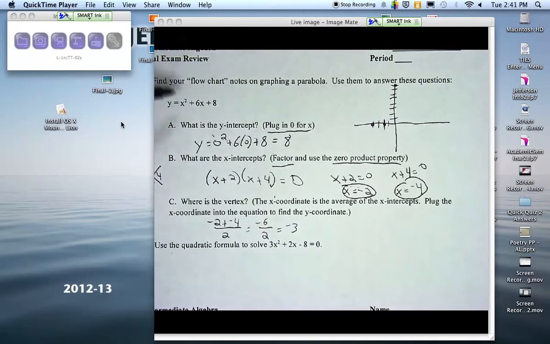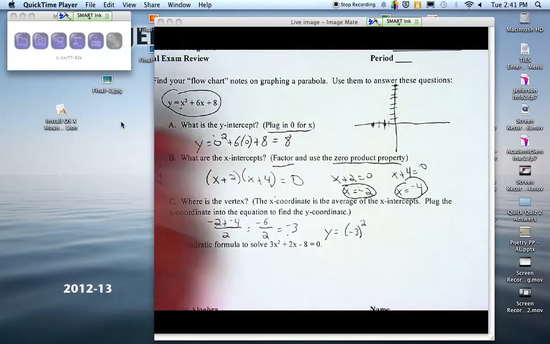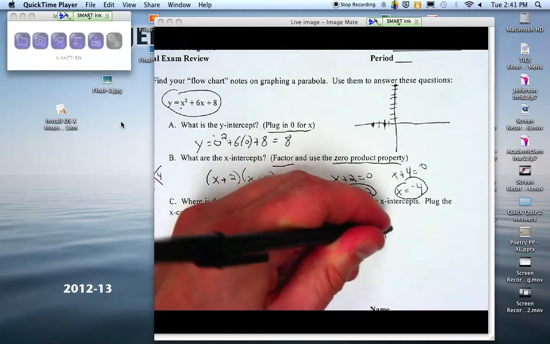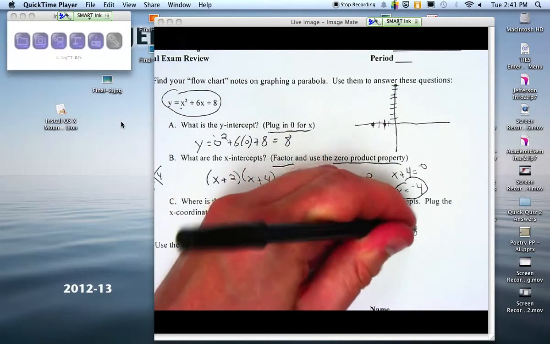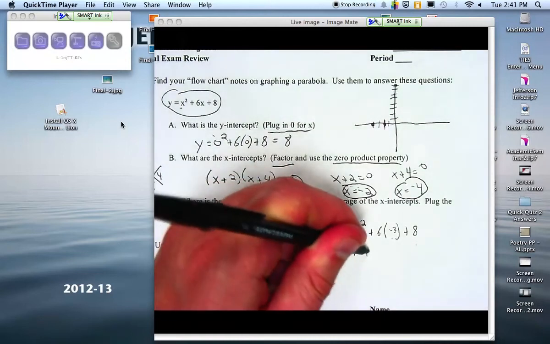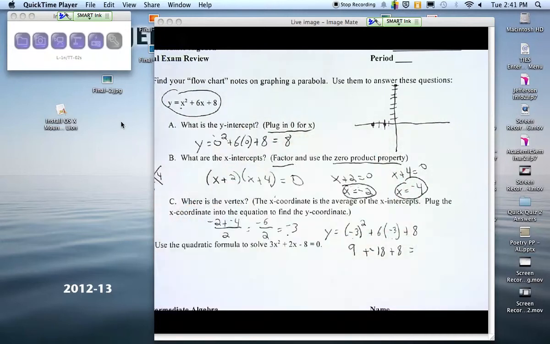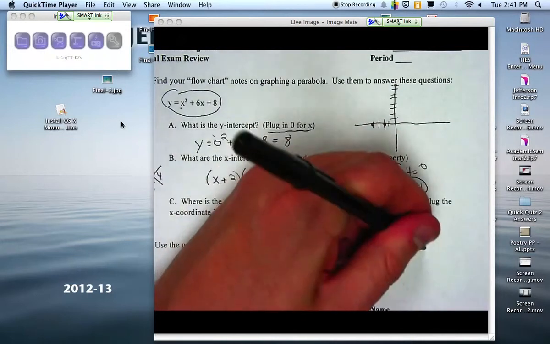And then to find the y-coordinate, I'm going to go back to this equation, and I'm going to replace x with the x-coordinate. So the y-coordinate is going to be negative 3 squared plus 6 times negative 3 plus 8. So I replaced all my x's with negative 3, and then I just figure out this answer. Negative 3 squared is positive 9. 6 times negative 3 is negative 18 plus 8, and so I get 17 minus 18 is negative 1.